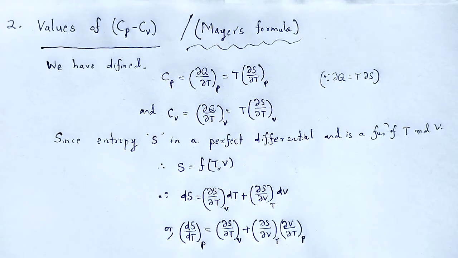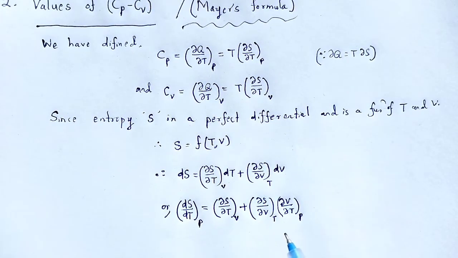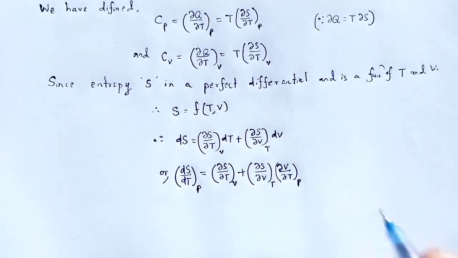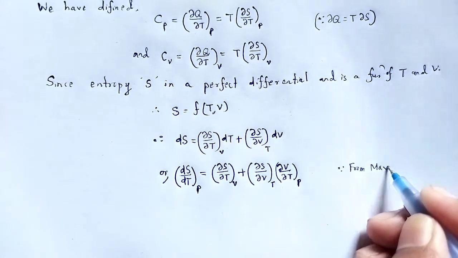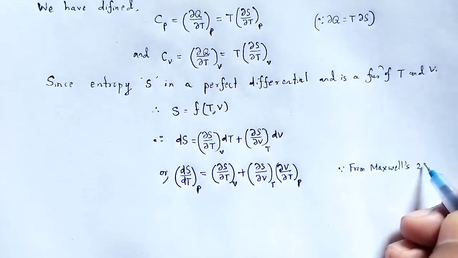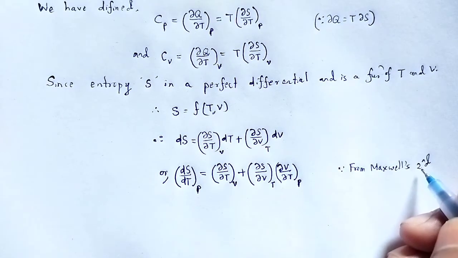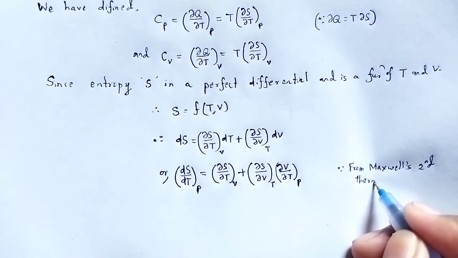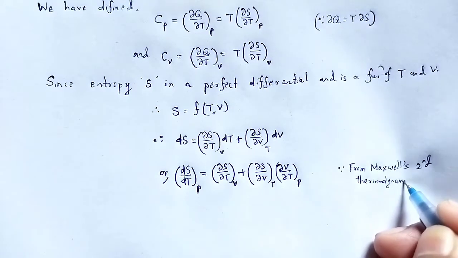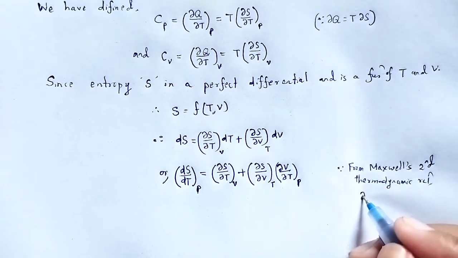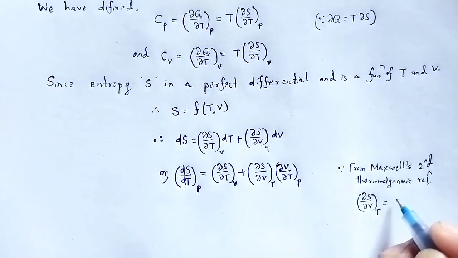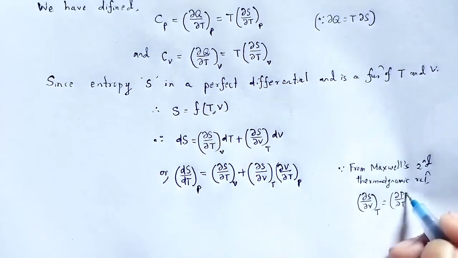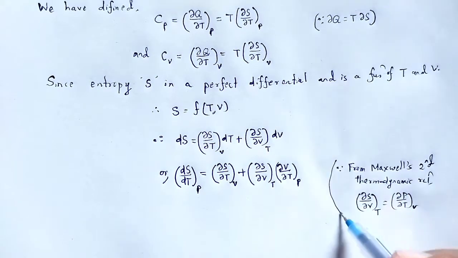Now here we have to apply Maxwell's second thermodynamic relation. From Maxwell's second thermodynamic relation, del S by del V at constant temperature is equal to del P by del T at constant volume.